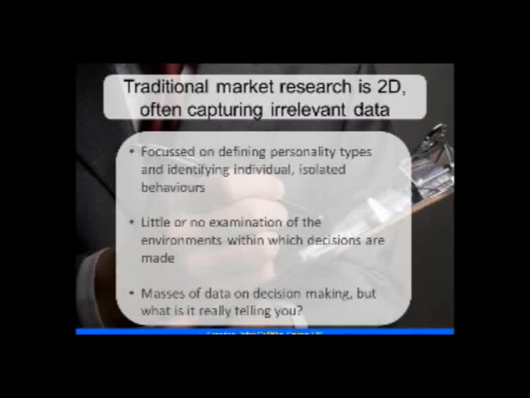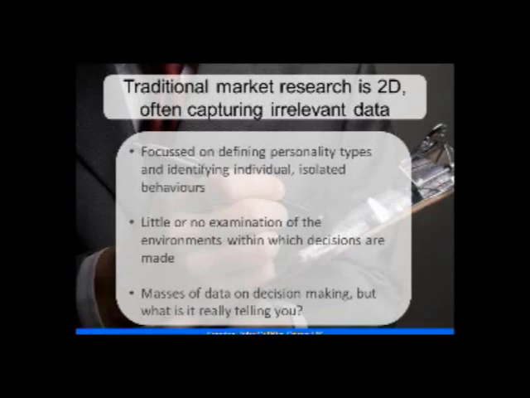Now, I'm going to be laying into research here. I know researchers like to do that, and I'm going to do it again. Traditional market research can often be very two-dimensional, and a lot of the data we capture can frankly be irrelevant, particularly when context becomes important.